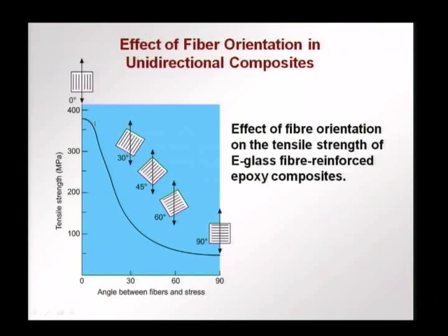However, if this angle changes and you go to 30 degrees, 45, 60 and finally 90, we see that the strength gradually decreases, because the fibers are less and less in the best possible direction. So as we go from the 0 degrees where the stress is along the fibers to perpendicular, we see a decrease in the tensile strength.